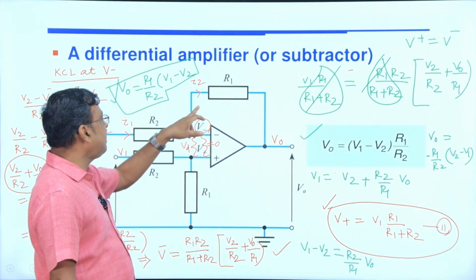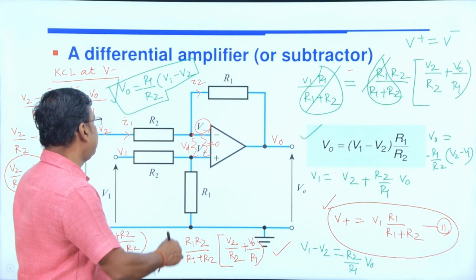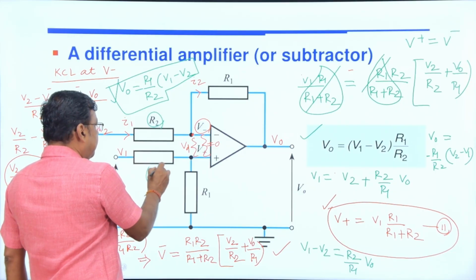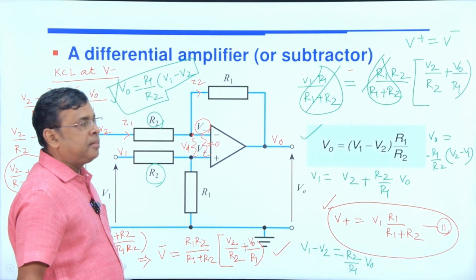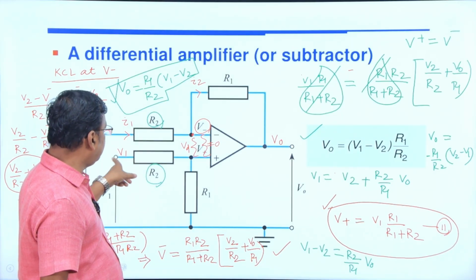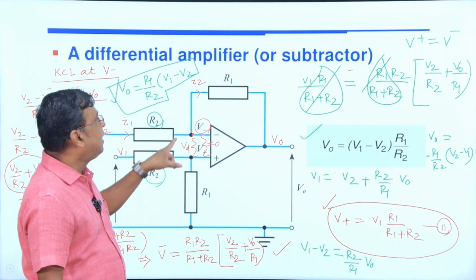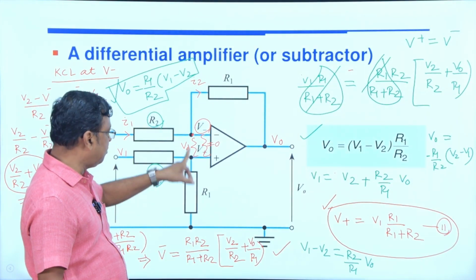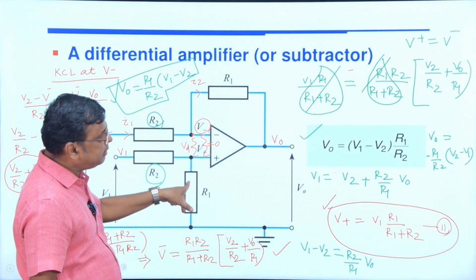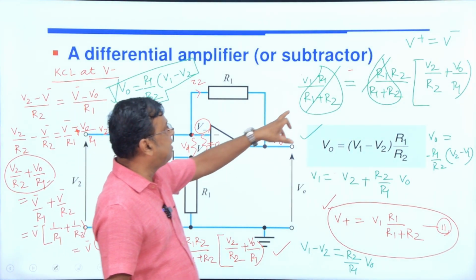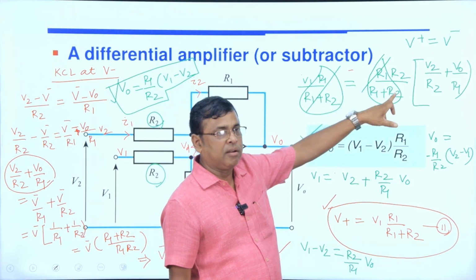One thing: this is R1, R2, and this R2 is connected to the non-inverting terminal, and R1 is the feedback resistor; here also this is R1. With this arrangement, R1 by R1 plus R2 cancels out.